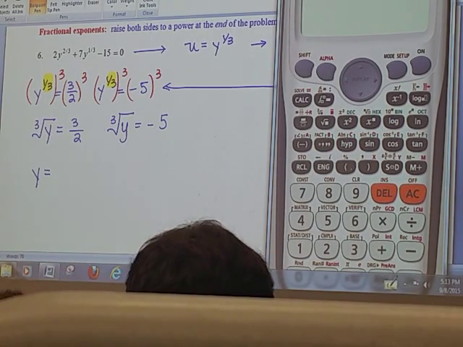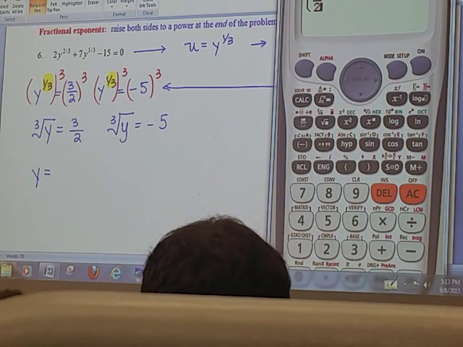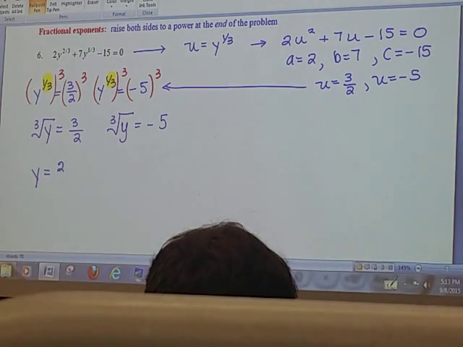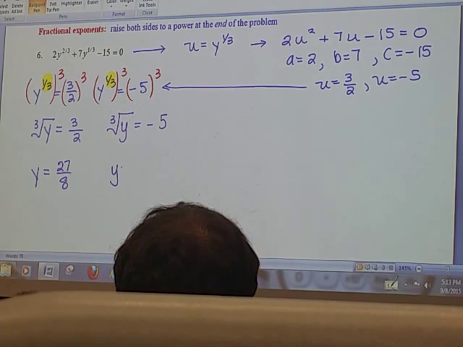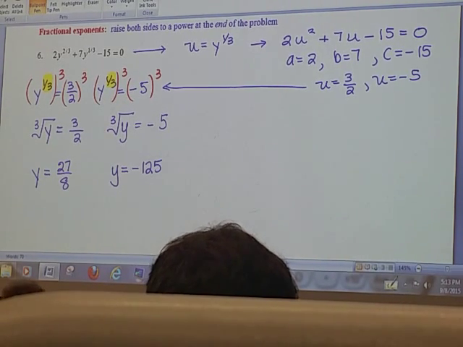And this way you won't screw anything up. So you could write 3 halves cubed, 27/8. And this would be minus 5 cubed, which would be minus 125. 2 answers.